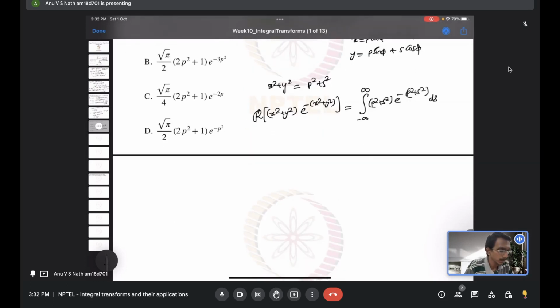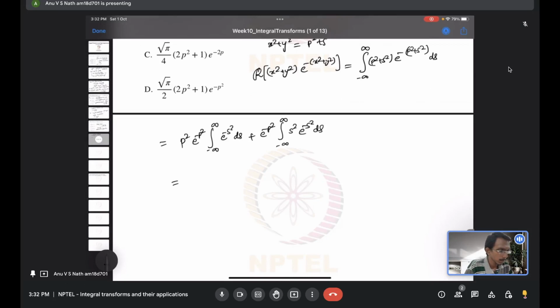We can split it into two integrals. The first one is p square e raised to minus p square times the integral from minus infinity to plus infinity of e raised to minus s square ds. The second one is exponential of minus p square times the integral from minus infinity to plus infinity of s square e raised to minus s square ds.